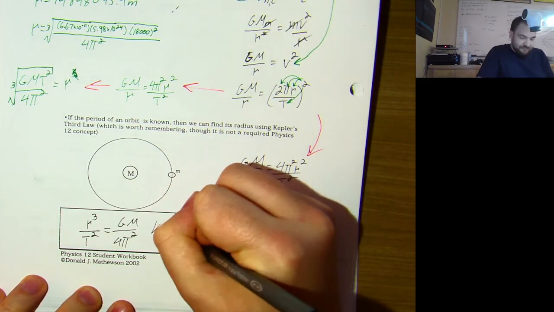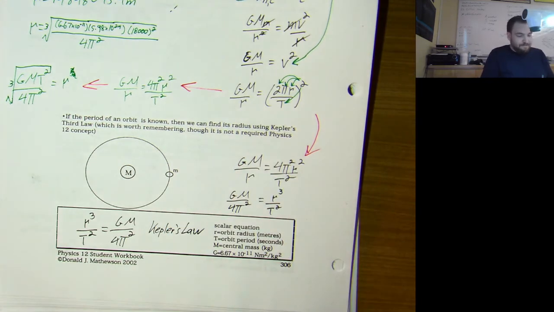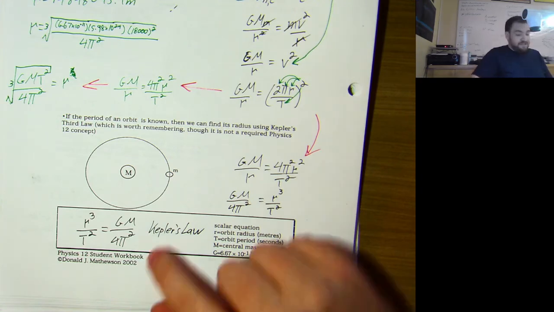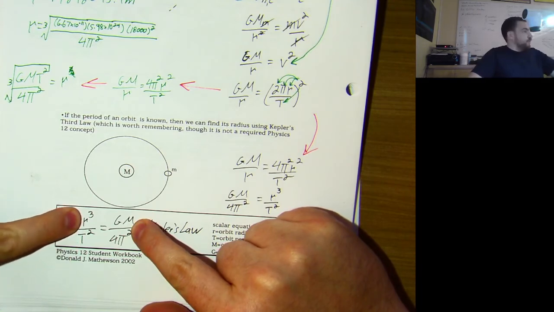What does that help with? Well, this means you could look at any two objects orbiting each other anywhere in the universe and figure out the mass of one, based on how long it takes to orbit and the distance it is orbiting the other object.